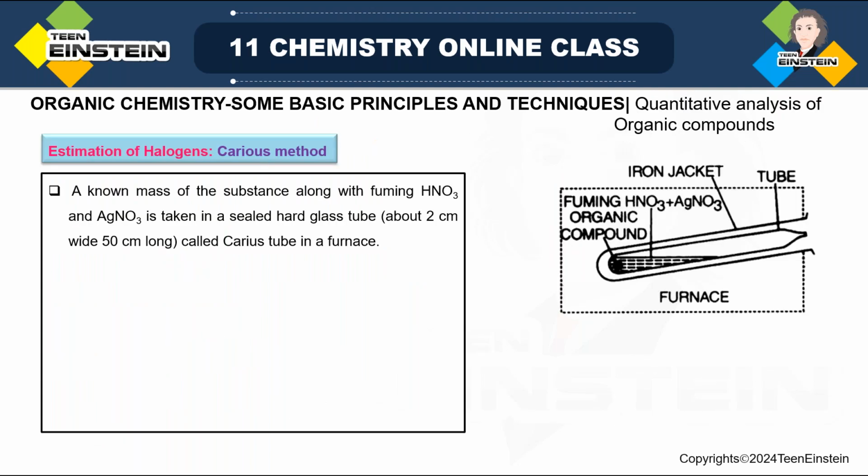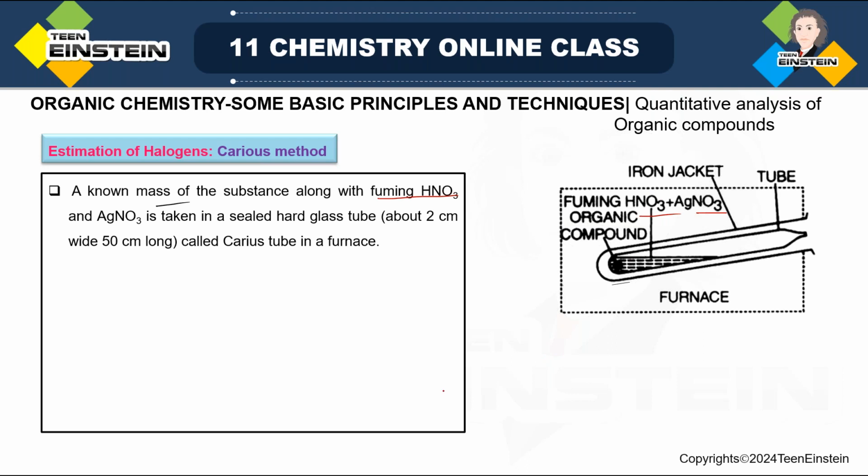Estimation of halogen. In estimation of halogen, we use the Carius method. In this method, we are using a tube like this, a hard glass test tube, and we have taken a known mass of organic substance, suppose that is M. We are treating it with fuming HNO3 and also silver nitrate.